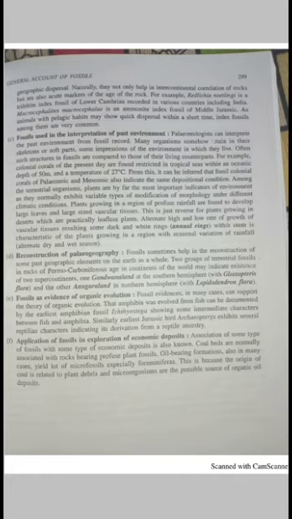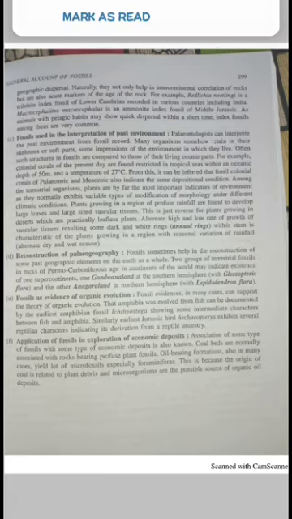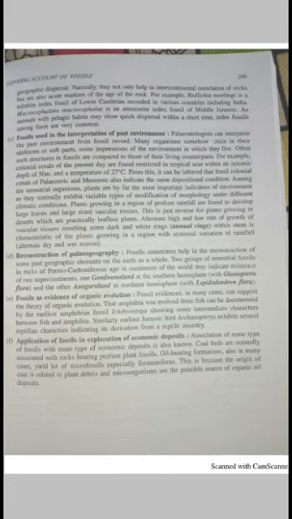Wait, I am writing it with my red pen. Coal beds are because of plant fossils, and oil bearing beds are because of foraminifera. This is because the origin of coal is related to plant debris, and microorganisms are a possible source of organic oil deposits.